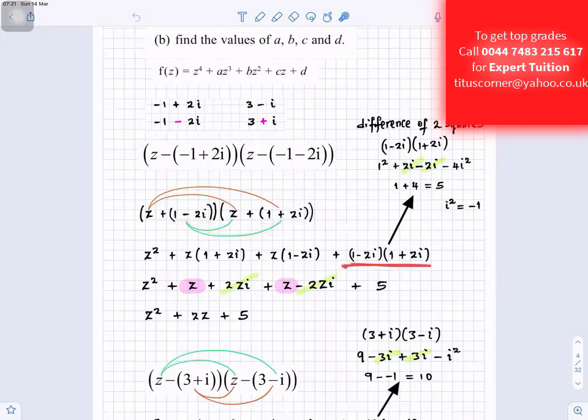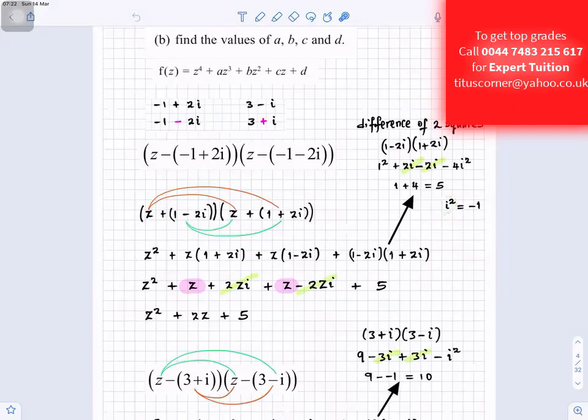You can treat this as a difference of two squares. So that will give you 1 squared plus (2i) squared. Or if you look up there, you can just expand the double bracket and you'll get 1 + 4 gives you 5, because i squared is minus 1. Put it in your calculator: i squared will give you -1.